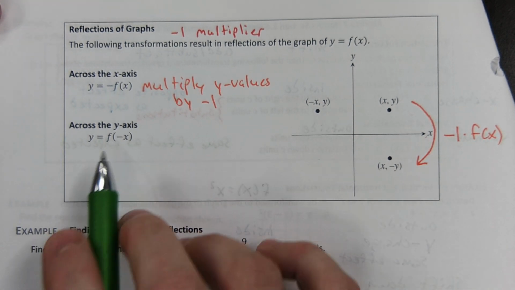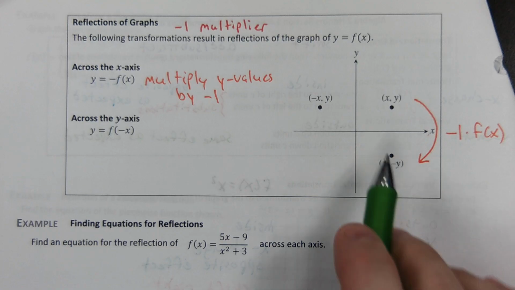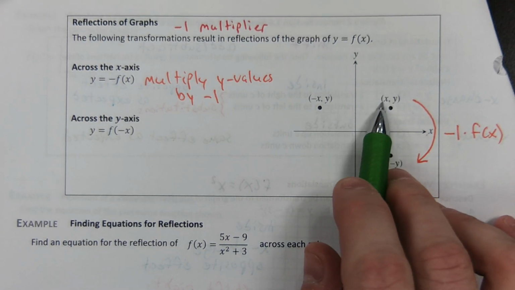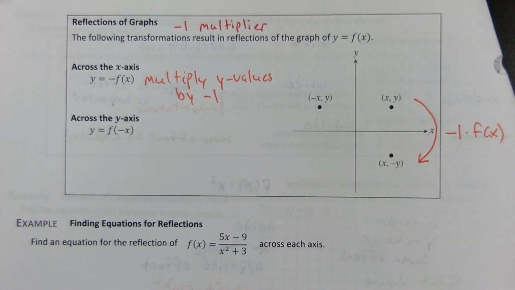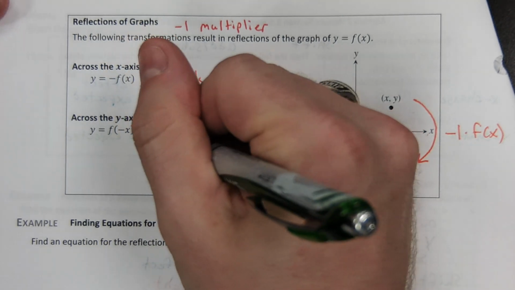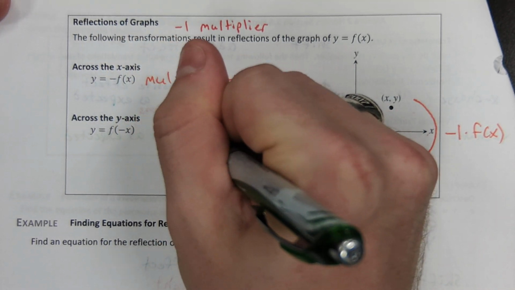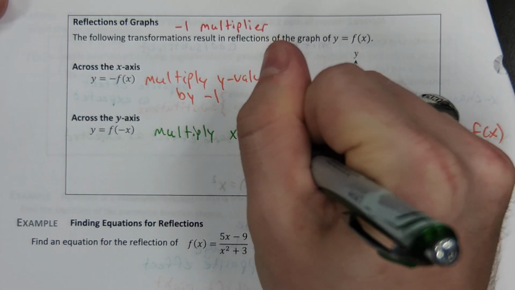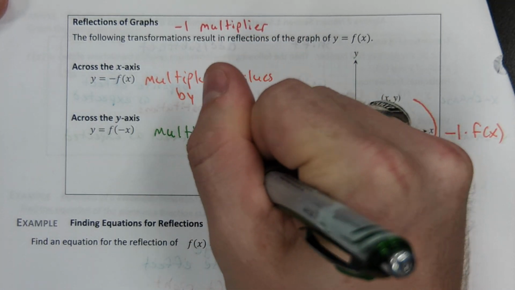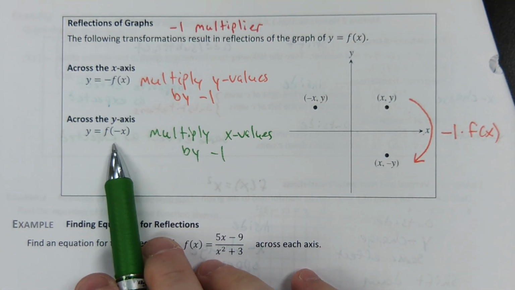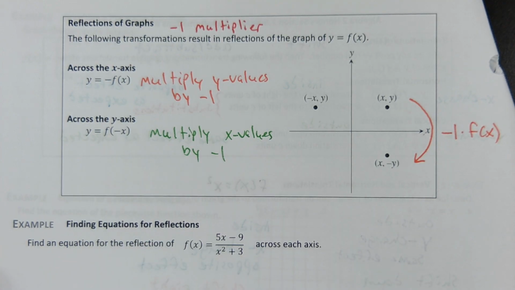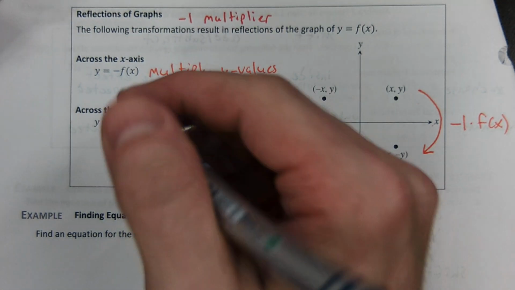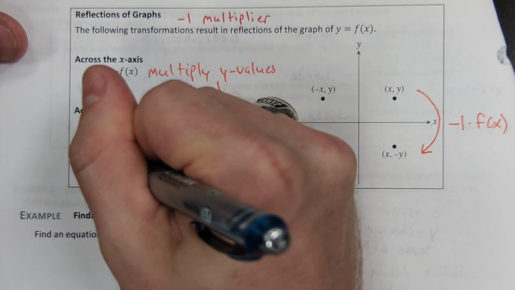The transformation is literally multiplying your x's by -1. So if you went from here to here, the only thing that was different was x. The sign changed. So you're going to multiply x by -1. Now this is for your coordinates. Multiply x values by -1. Because I can't just multiply this x by -1. Remember, if something on the inside changes, it is a 100% substitution.